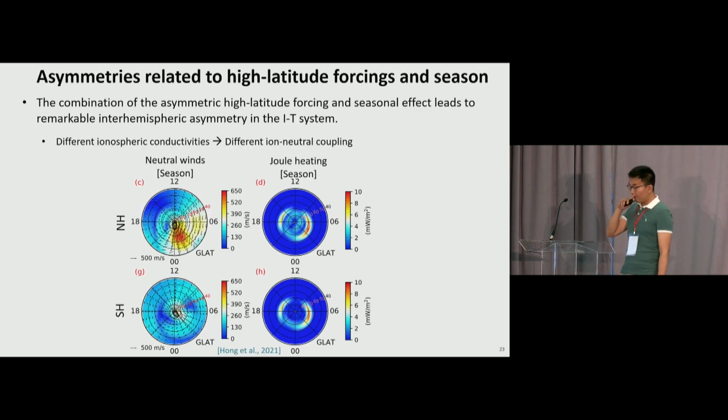If the seasonal effect is important, the interhemispheric asymmetries in the global IT system may be more complicated, because they may not only be contributed by the interhemispheric asymmetries in the high latitude forcings.